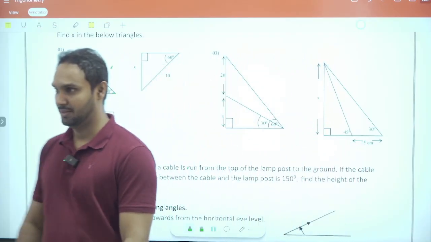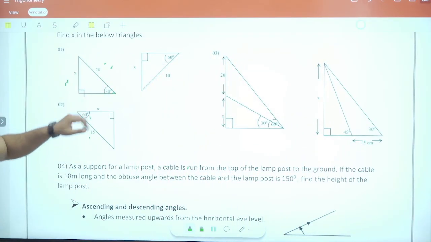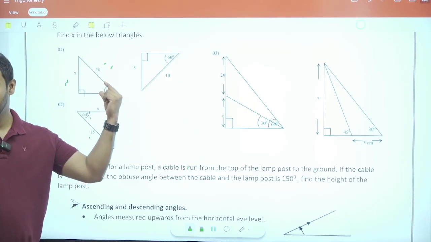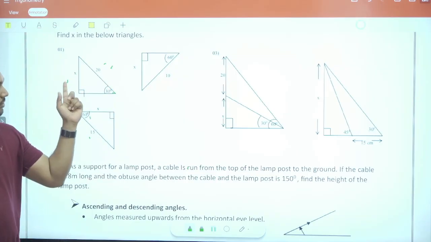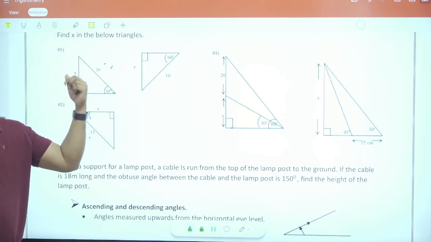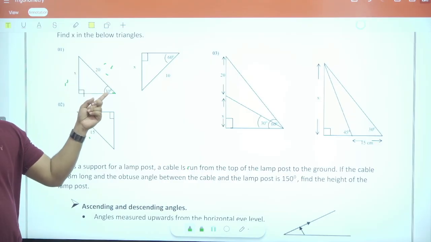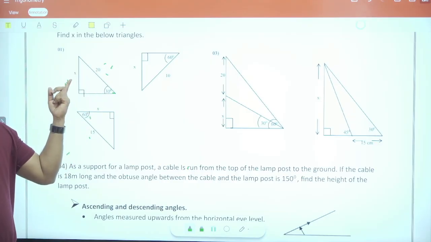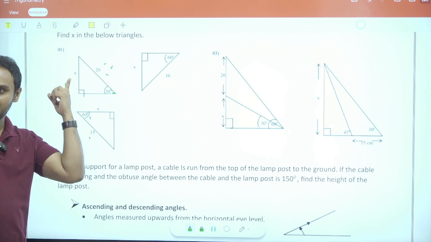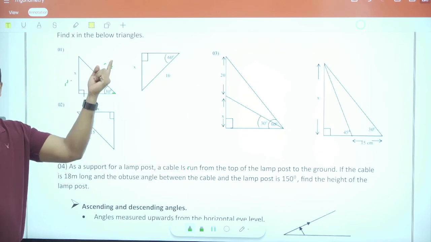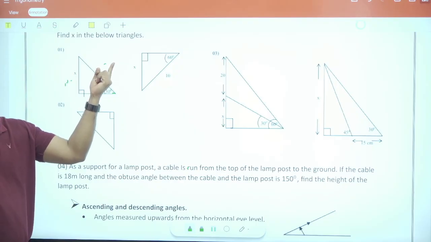Let's check. So for the first one, now listen, this is the angle. You have to put a trigonometric ratio that includes the unknown, and find the unknown using the known things. So the hypotenuse is known, the angle is given, x is unknown. So the trigonometric ratio that you should put includes the opposite and the hypotenuse, because those are the tools that are available.